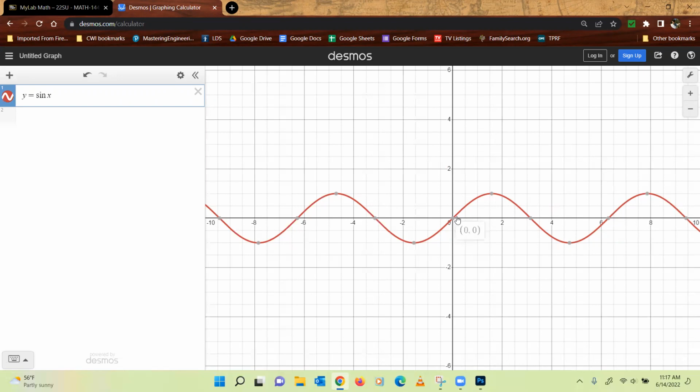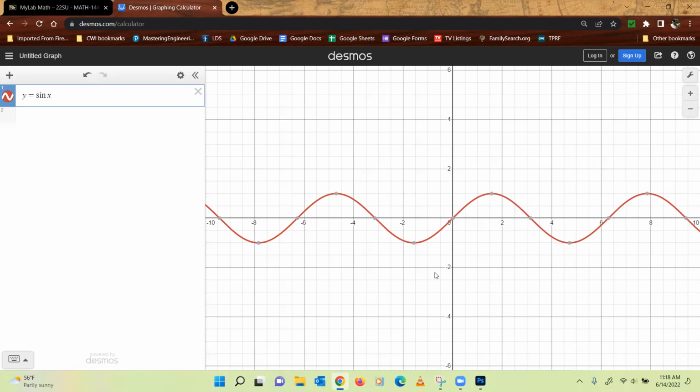Now the x values would be the angles. There's pi over 2, pi, 3 pi over 2, 2 pi, 5 pi over 2, and so on. And so this would be what sine looks like.